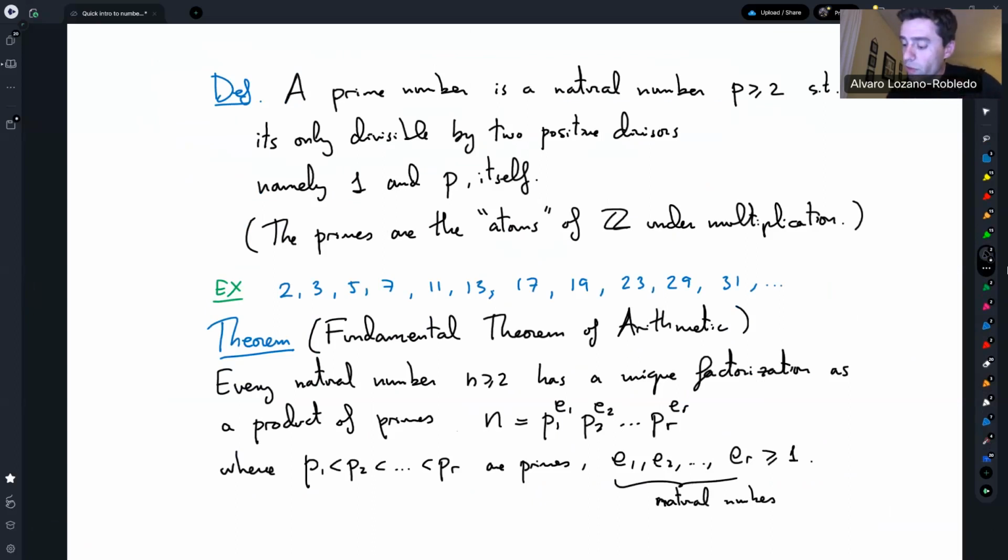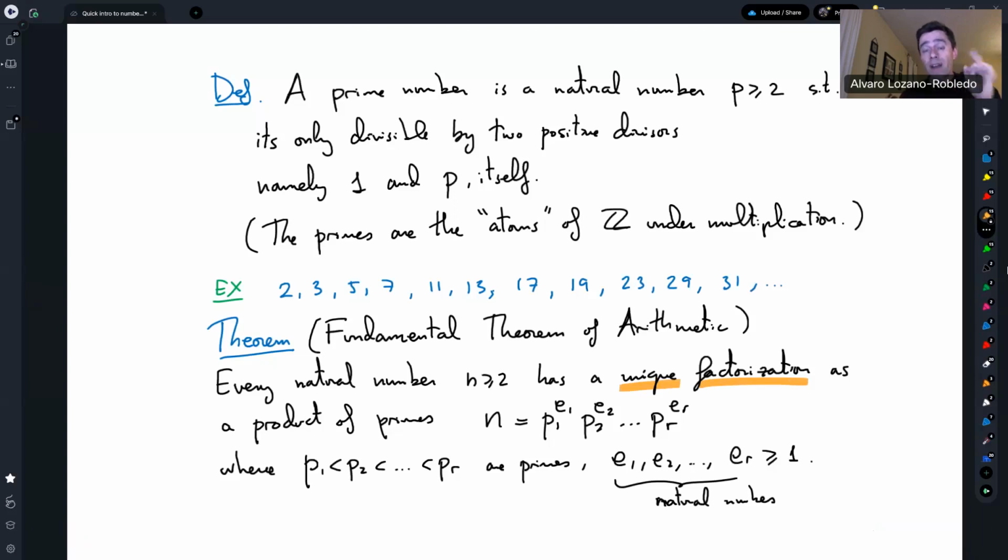By the way, the key here is that the Fundamental Theorem of Arithmetic actually states two things. It's saying that every natural number has a factorization into primes. That's the first part of the theorem. And then, very important, it says that that factorization is unique.